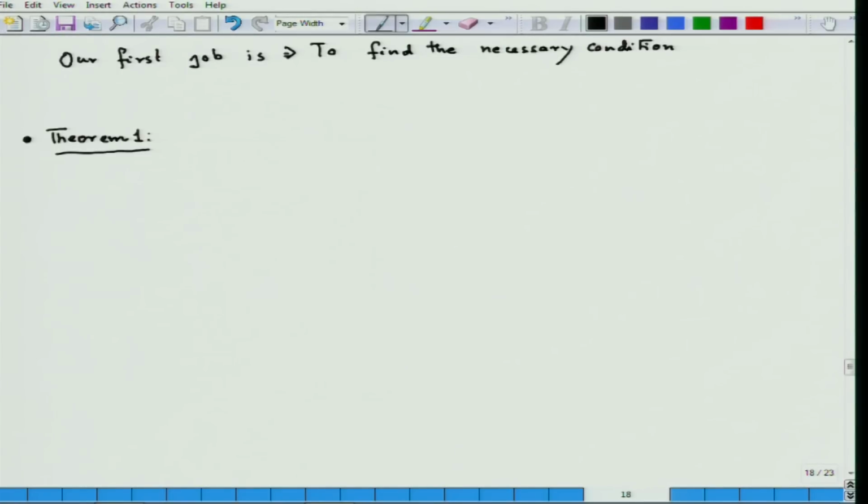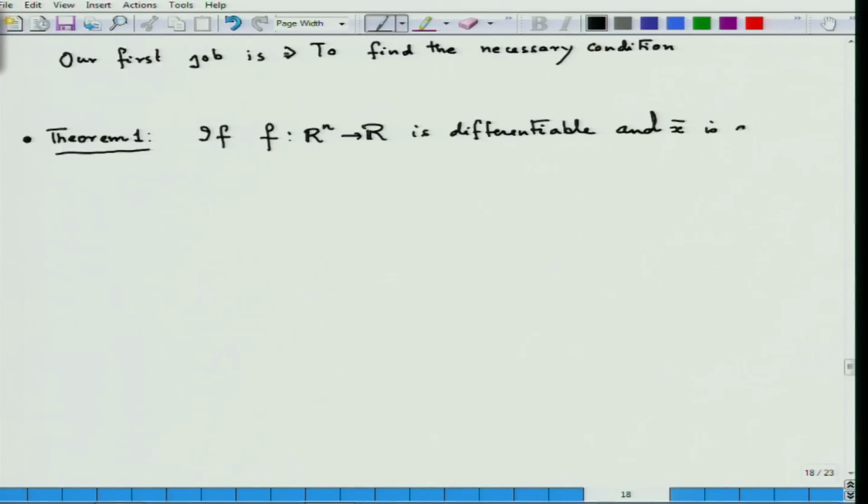It says that if f from R^n to R is differentiable and x bar is a local minimum, then what would happen? Then the gradient of f at x bar must vanish.